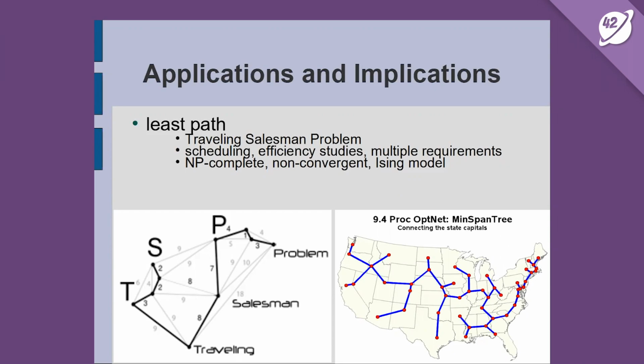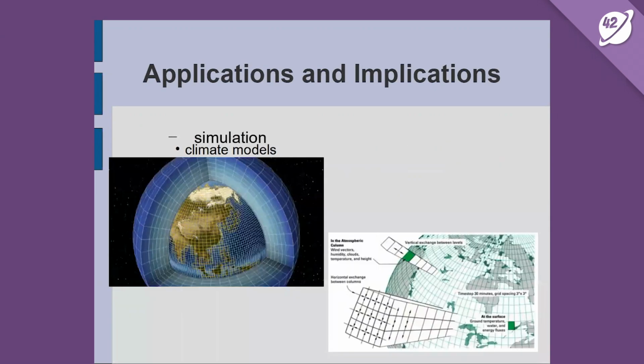There's 28,000 towns in Norway. They did the traveling salesman problem, and I believe it took like 10 or 11 years using multiple networked high-speed computers. Whereas if you get a big enough quantum computer, you can do it in one operation. Simulation, there's all kinds of things that we can run with simulation.